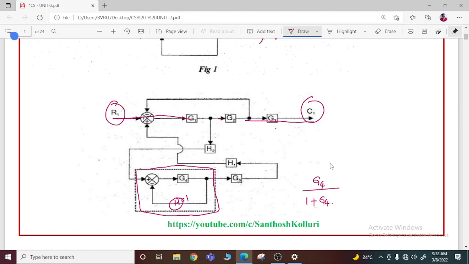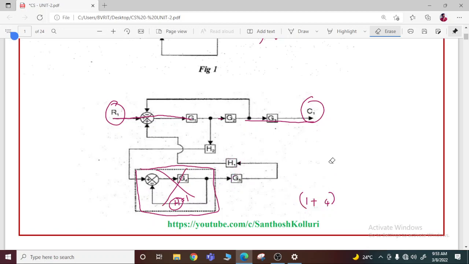Therefore it is 1 plus G4 only. So eliminate this entire section by using the negative feedback reduction technique, so that my block will now be G4 by 1 plus G4, which is in cascade with G5 as well as H1 as well as H2.